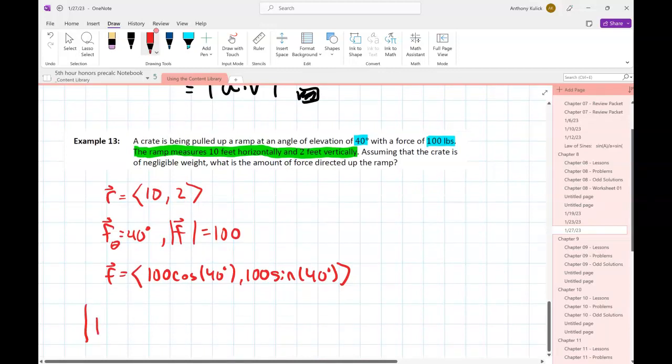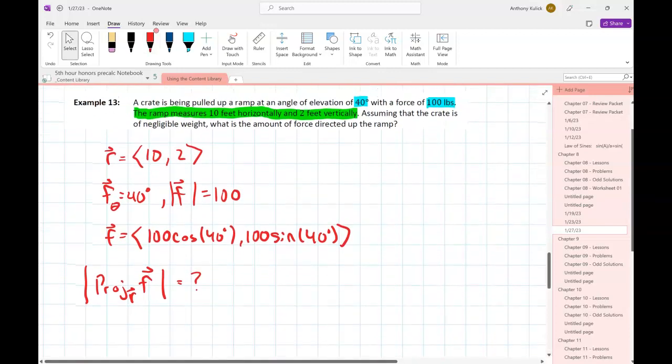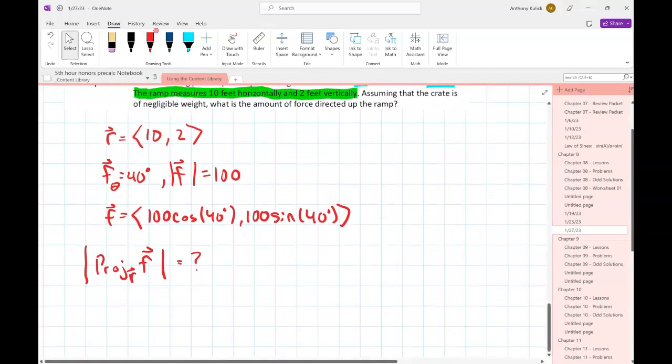So what I want then is the projection of F onto R. That's what we're going to be looking for. I'm going to do the projection first and then do the magnitude after.